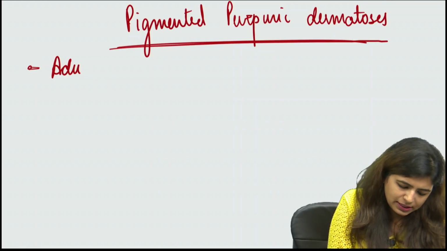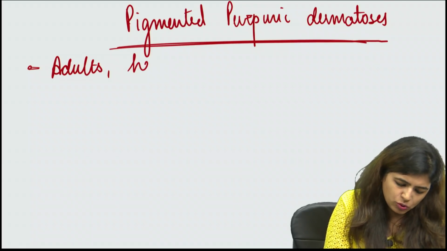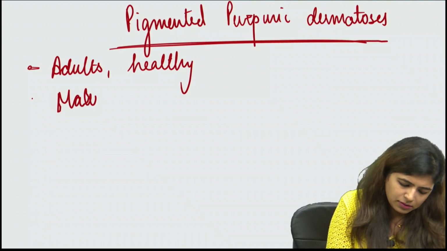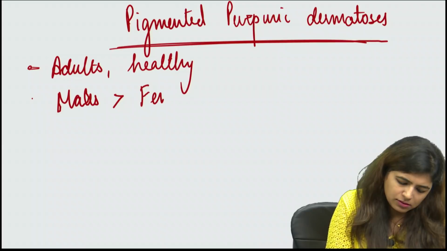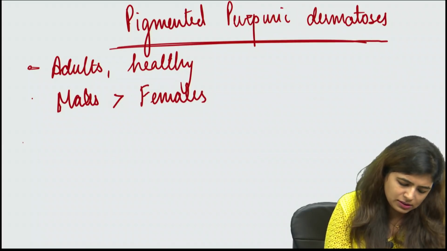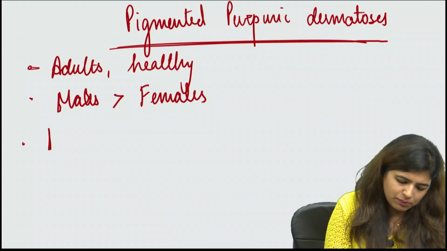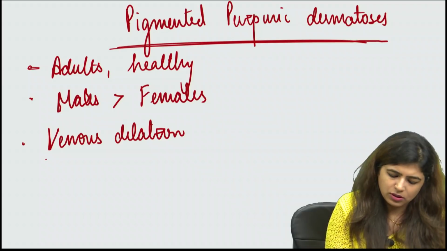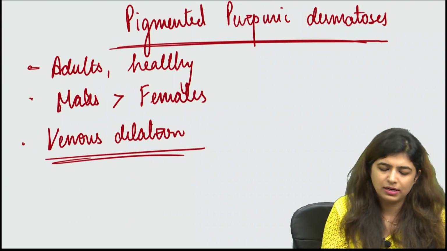It generally happens in adults who are otherwise healthy, males more than females. Here what happens is there is a venous dilatation. So there is a vein defect.